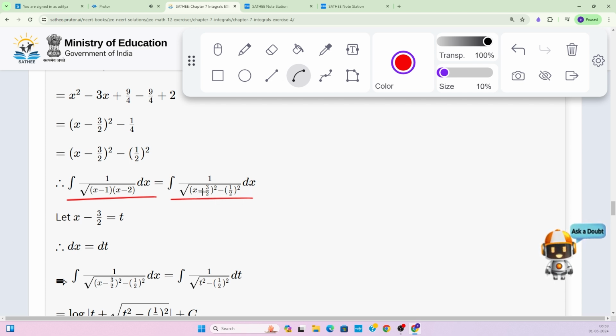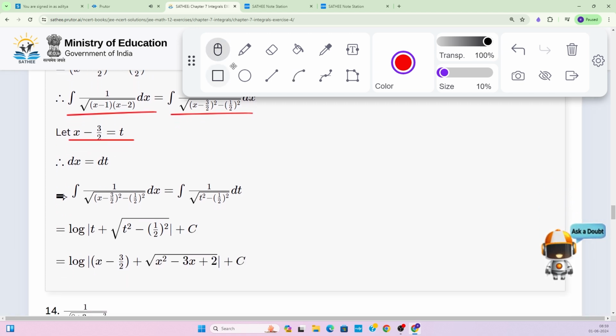Now take x minus 3 by 2 equal to t. After differentiating, you will get dx equal to dt. Now integrate 1 by root of x minus 3 by 2 whole square minus 1 by 2 whole square dx, which equals the integration of 1 by root t square minus half square dt.